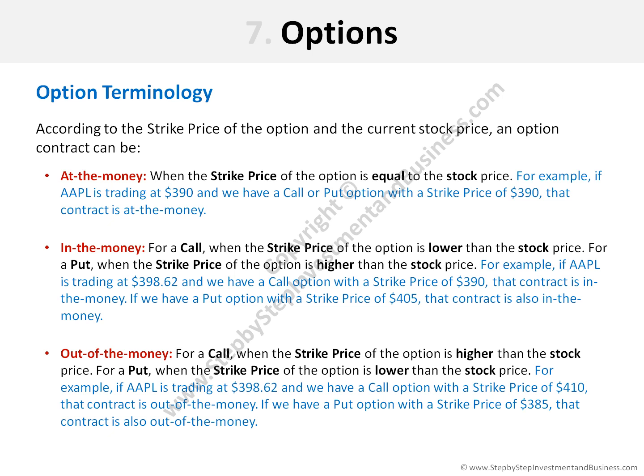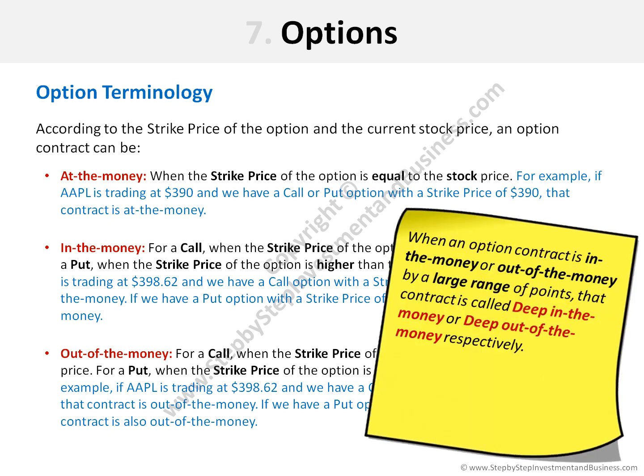For example, if Apple is trading at $398.62 and we have a call option with a strike price of $410, that contract is out of the money because its strike price is higher than the stock price. In contrast, if we have a put option with a strike price of $385, that contract is also out of the money because its strike price is lower than the stock price.